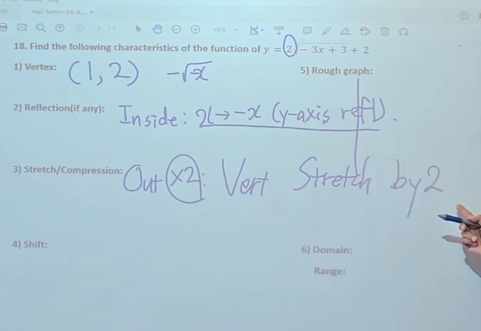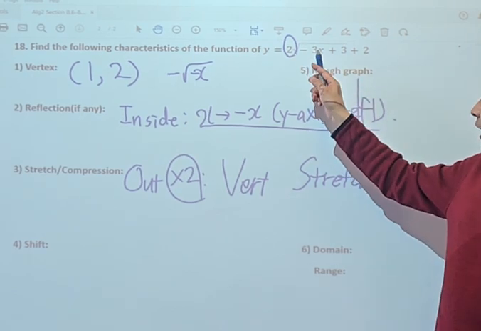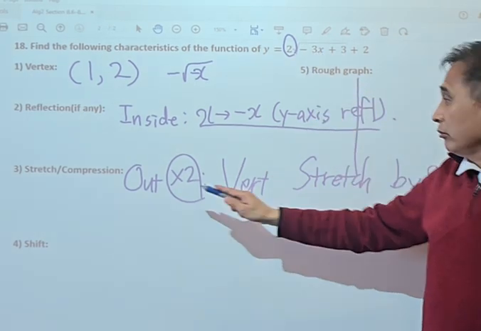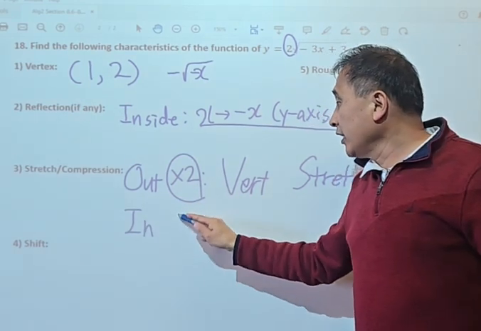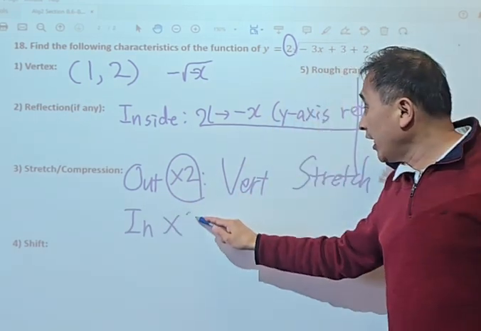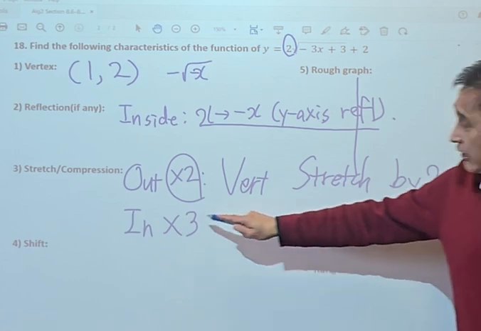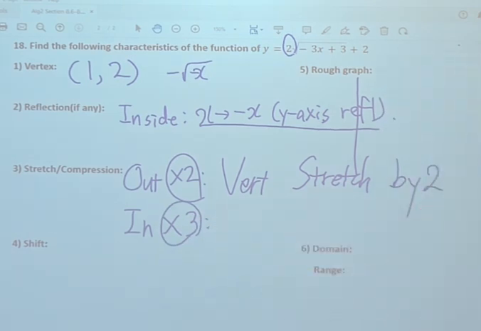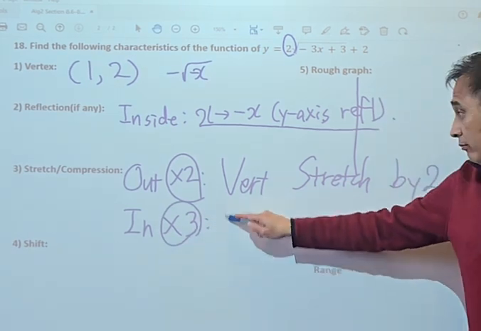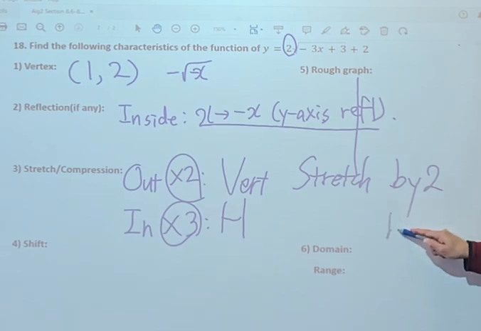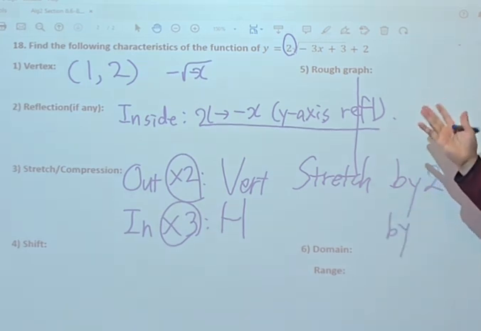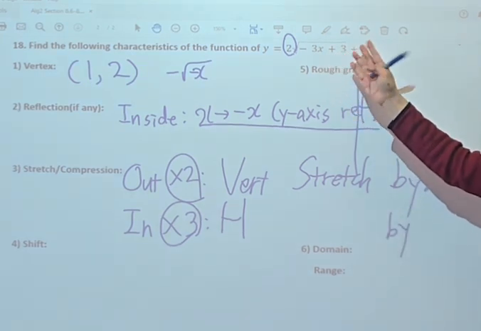Got it? And inside I see 3 times x, so it's times 3. Inside is x, which is horizontal. Inside, it's always the reciprocal, or the opposite plus or minus.